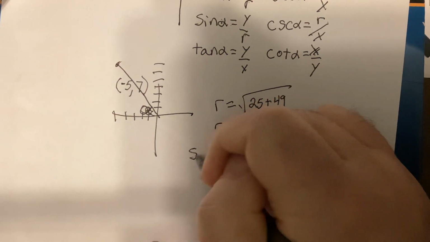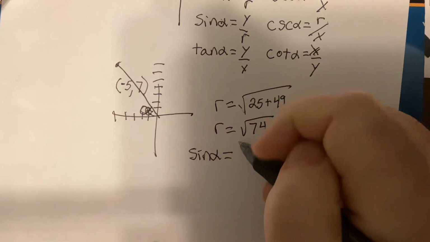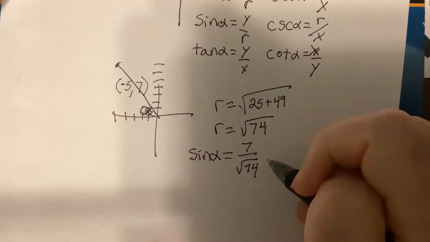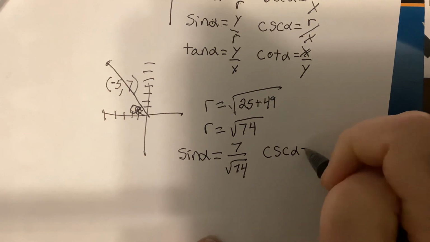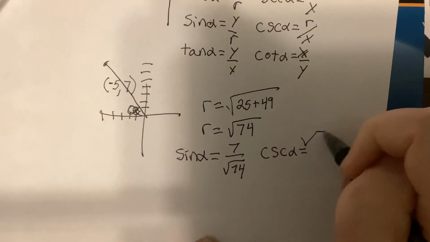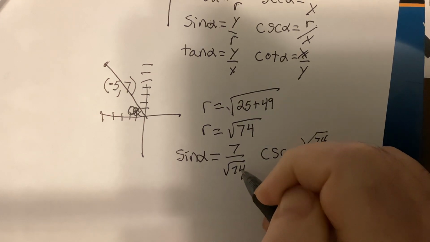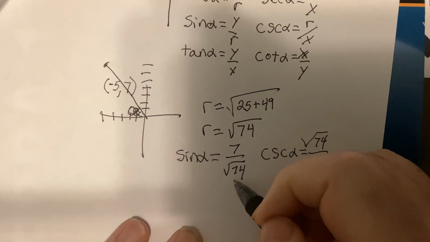So sine is y over r, y 7, so it'd be 7 over the square root of 74. So therefore, cosecant, the reciprocal, would be square root of 74 over 7. Now, if you have a teacher in the future that says you got to rationalize the denominator, rationalize it. Don't argue.